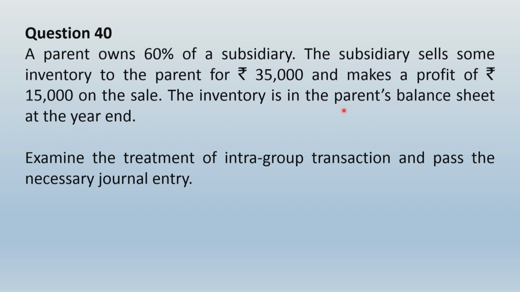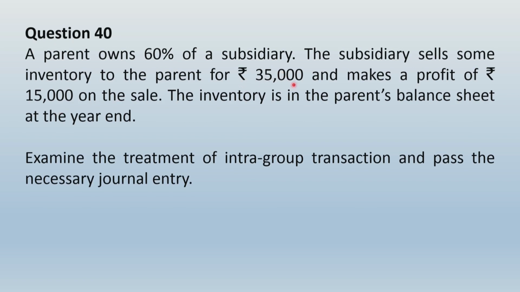Now for the group, the cost of this inventory would not be 35,000 because 35,000 includes a profit element of 15,000. For the group as a whole, the cost will be 35,000 minus 15,000, that is 20,000. So first of all, inventory should appear at cost.